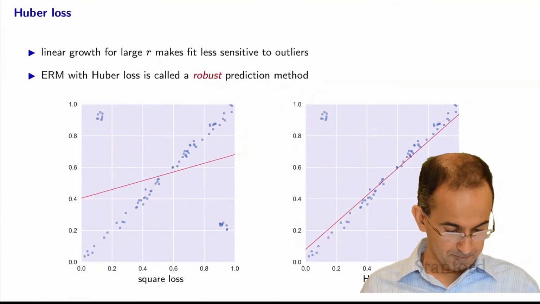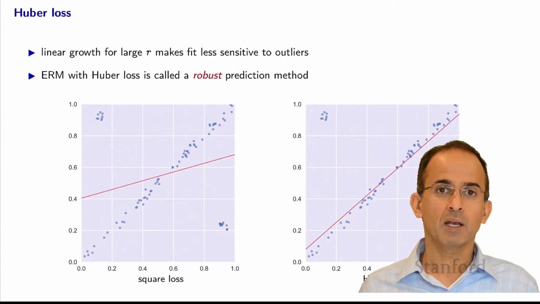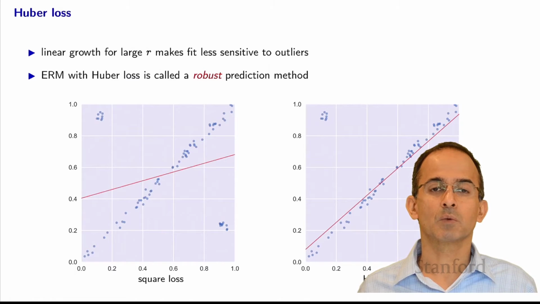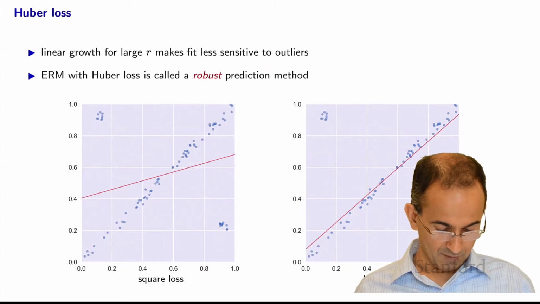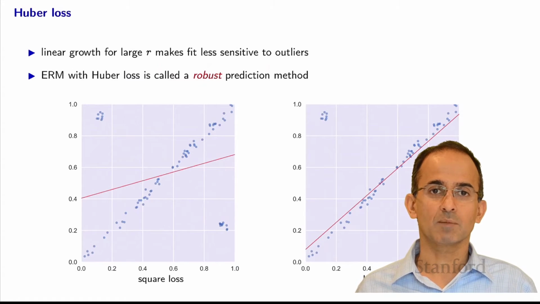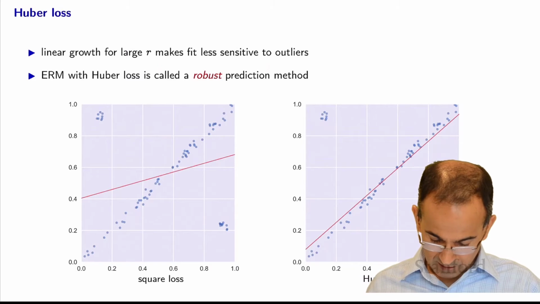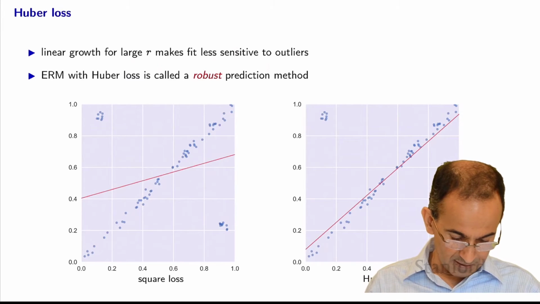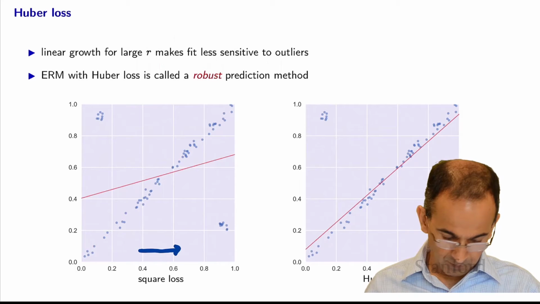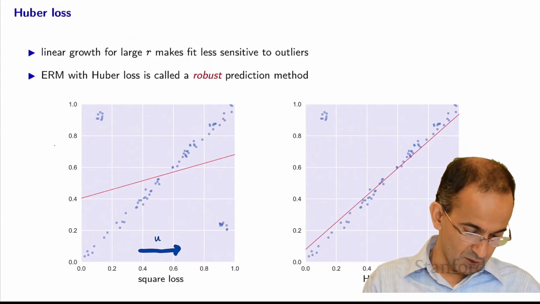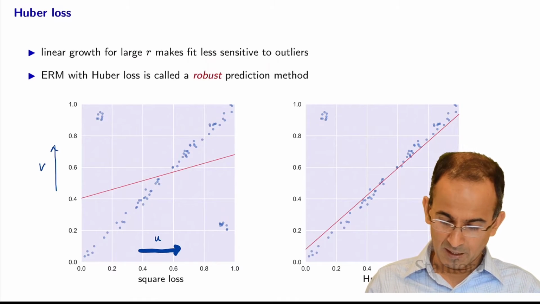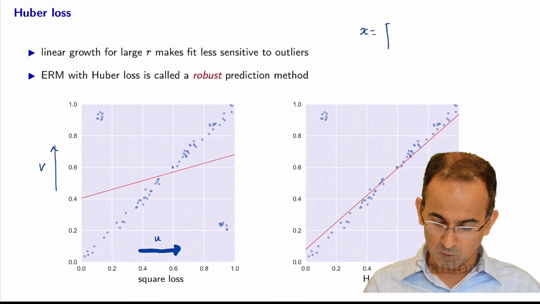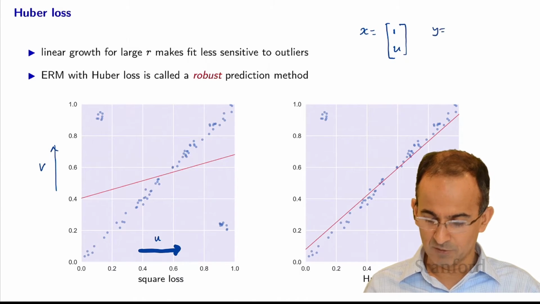Let's look at what it does. So here what we have is a simple scalar ERM problem. We have a bunch of data points, and what's plotted here is on this horizontal axis we have u, and on this vertical axis we have v, and we'll have the embedding that x is equal to 1, u and y is equal to v.